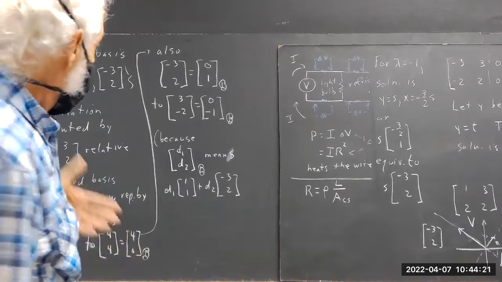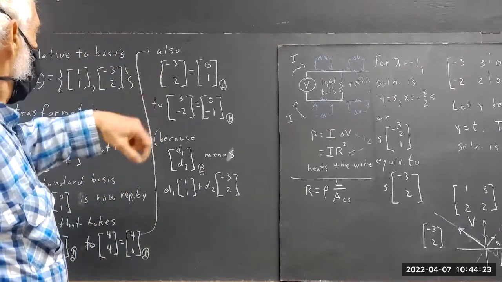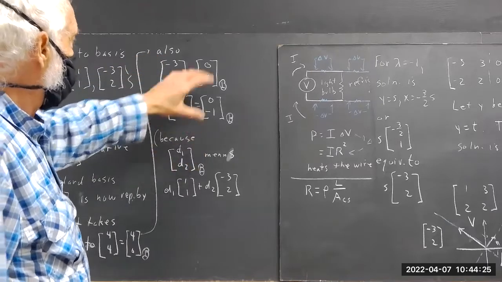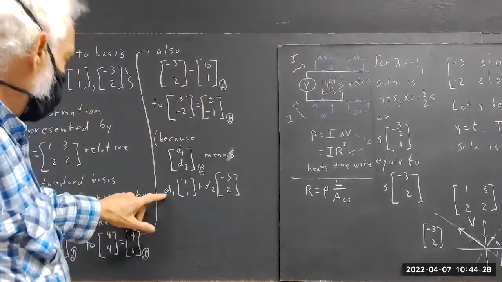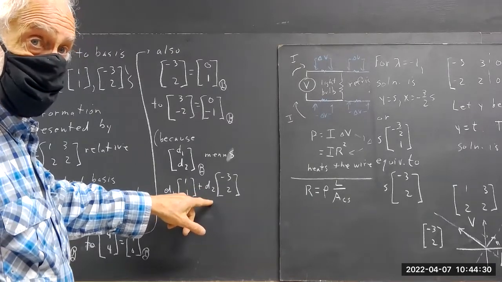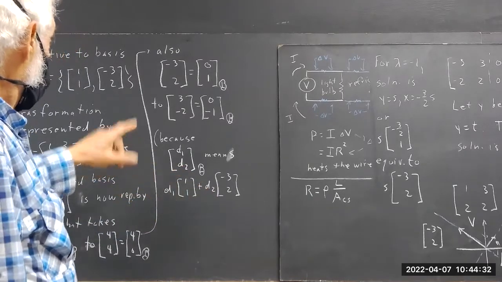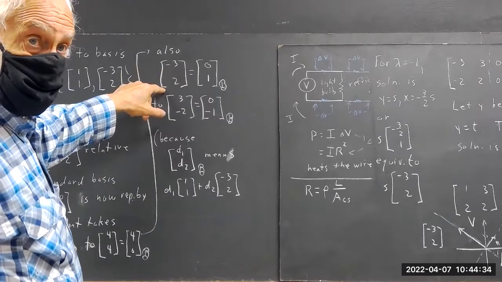So essentially, if we're trying to say that negative 3, 2 equals something with respect to B, we've got to find a D1 and a D2 that give us negative 3, 2.